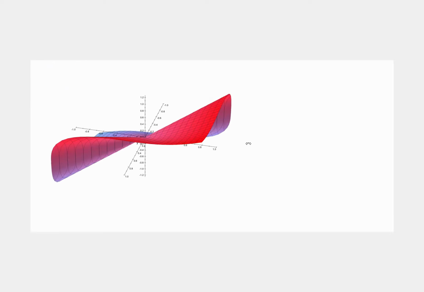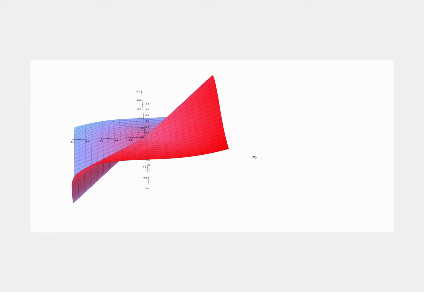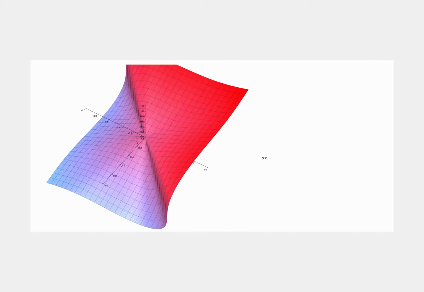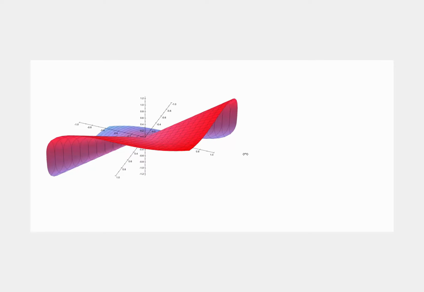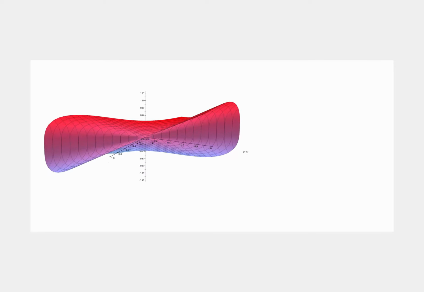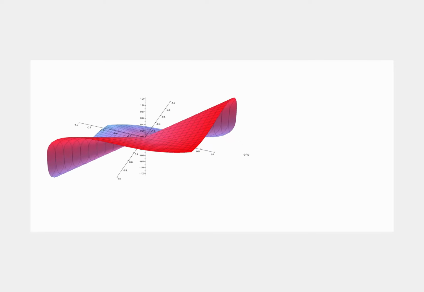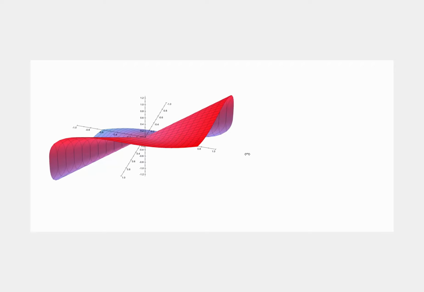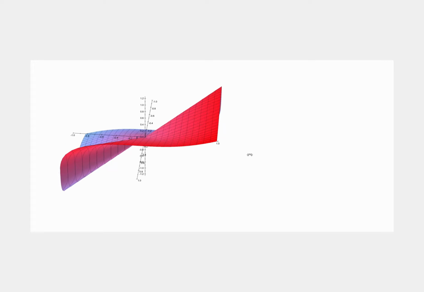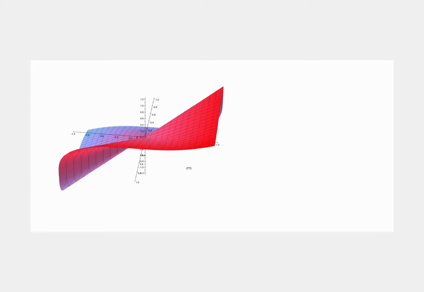Before we go ahead, let's look at a graph that MuPAD in MATLAB generated for this function. Whenever x equals negative y, that will be a vertical plane in this direction.